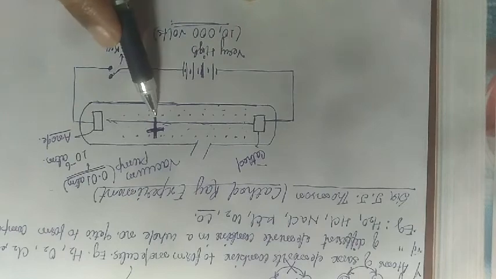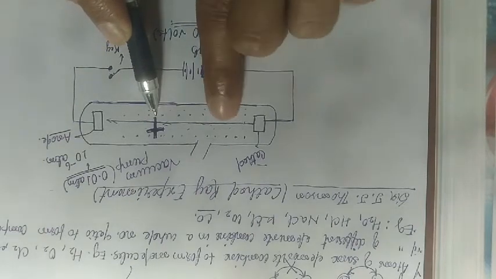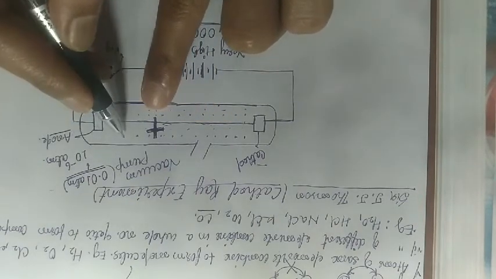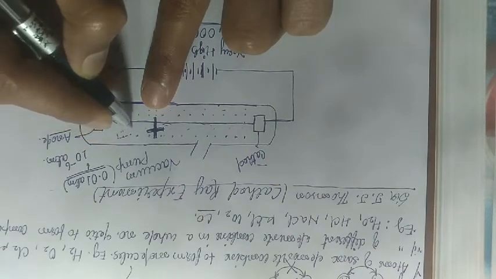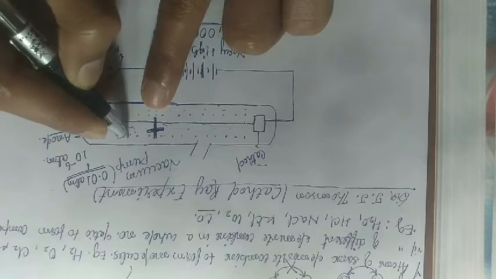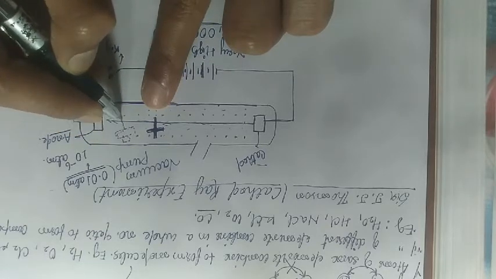So when he placed the cross between these rays, he saw a shadow behind it, the shadow of this cross.